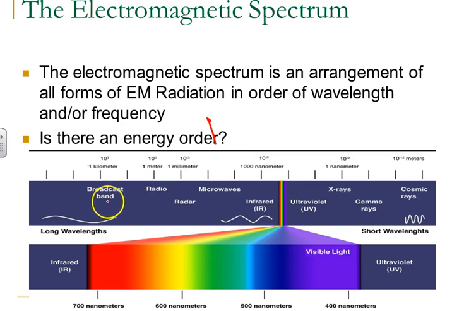This starts with the broadcast band, but then we look at radio, radar, microwave, infrared, ultraviolet, X-ray, gamma ray, and then we also have this section that we're just calling visible light, stuck in a fairly narrow range between infrared and ultraviolet. And then we also have cosmic rays out here as well. So the electromagnetic spectrum is an arrangement of all forms of electromagnetic radiation in order of wavelength and/or frequency.